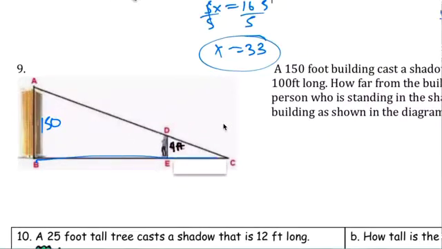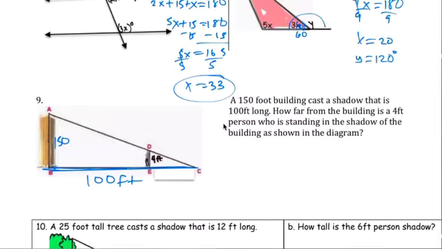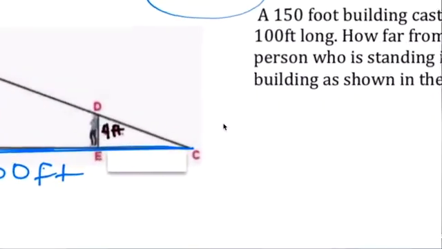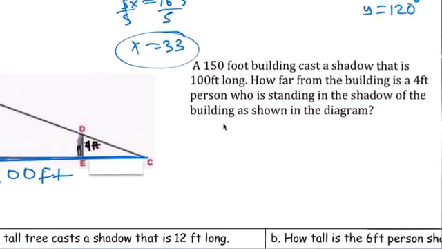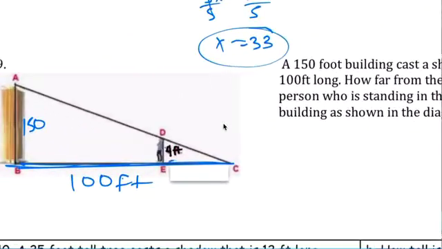The whole thing right here is 100 feet. This person is 4 feet. The person who's standing in the shadow of the building is shown on the diagram. Okay.